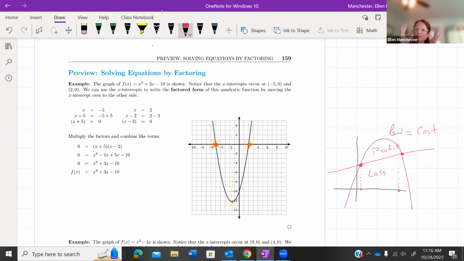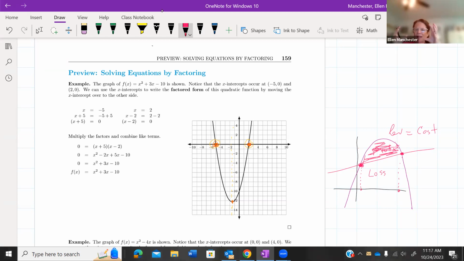And so in business, these break-even points are super important, because that tells us where the profit starts and where the profit ends. So the profit starts at this point right here, and it covers all of this area underneath the revenue. So under the revenue and above the cost, this is our profit area. So profit will start and stop in some interval.